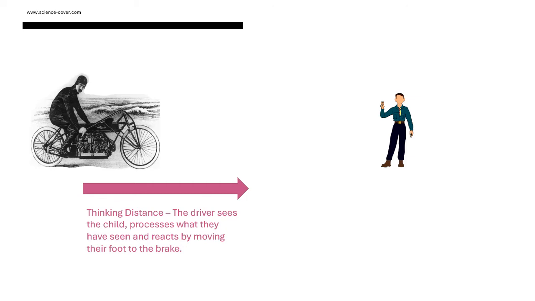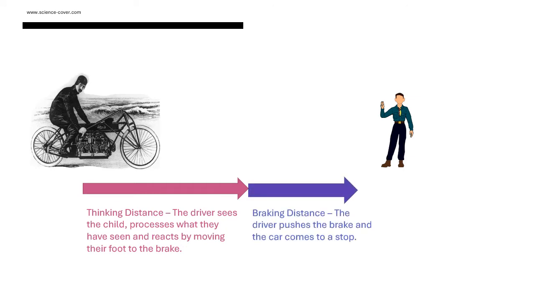Once the cyclist applies the brake, the bike will not instantly stop, it will slow down over a distance. Now this is known as the braking distance. So the thinking distance and the braking distance together are known as the stopping distance.